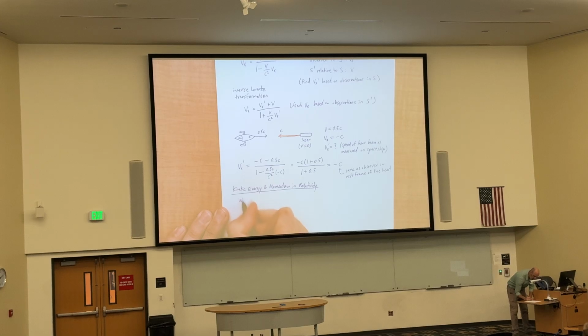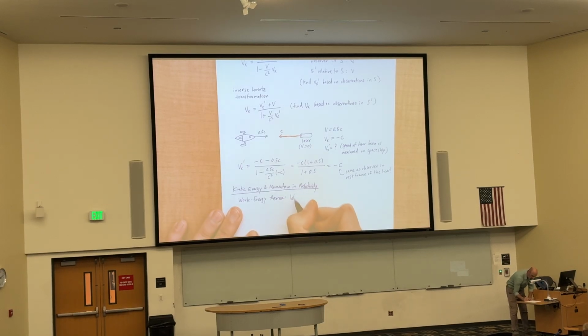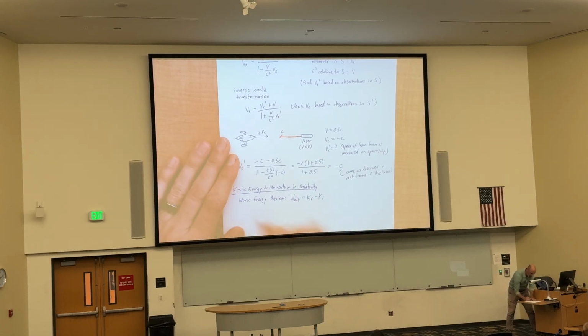All right. So the work-energy theorem said that the net work done on some object will be equal to its change in kinetic energy, K final minus K initial, where the kinetic energy is just 1/2 mv squared, as you said.